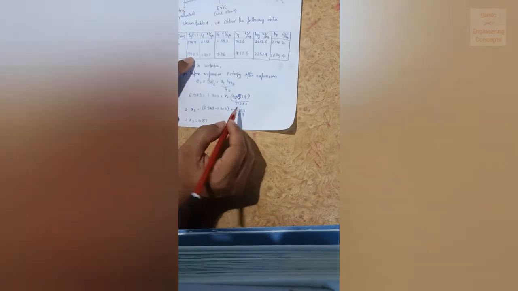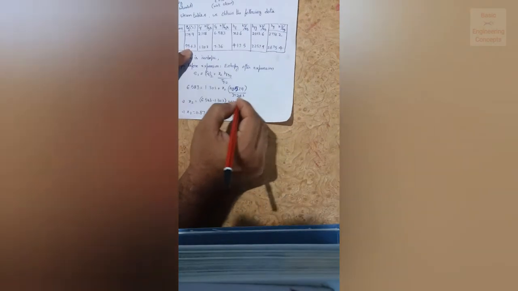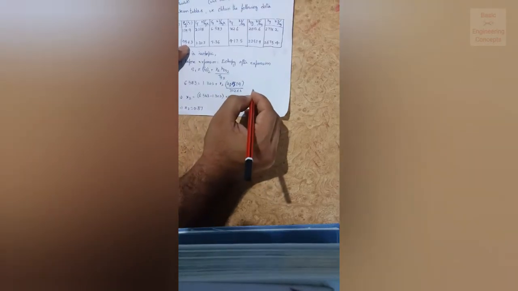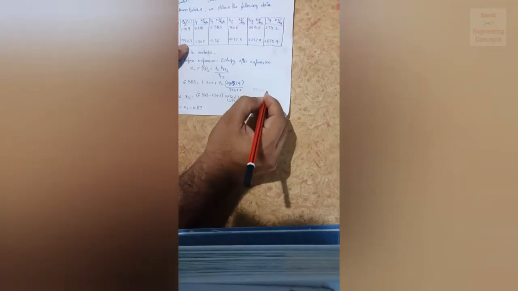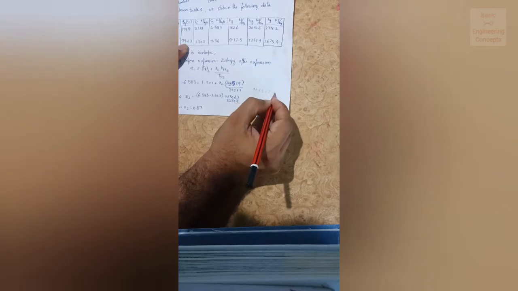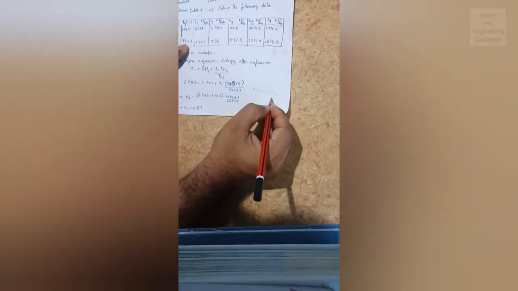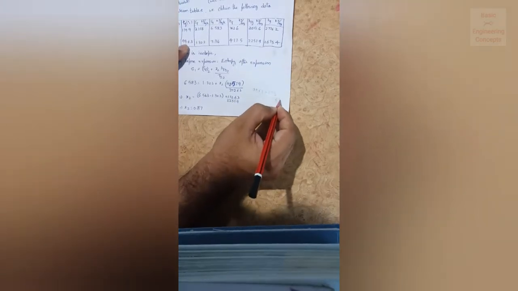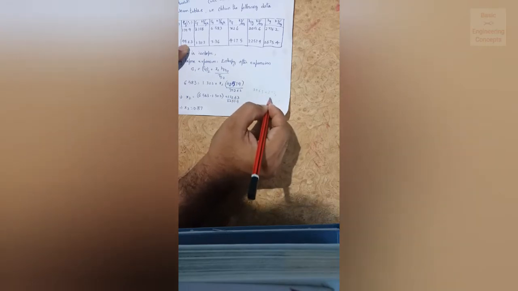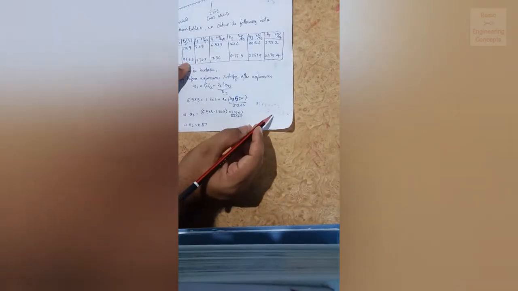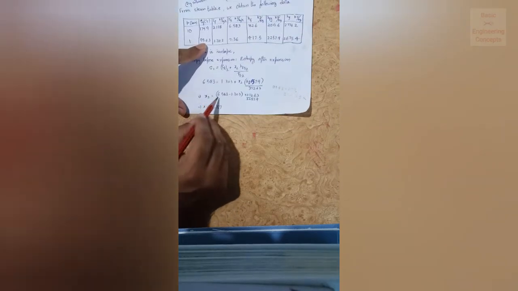Tg2 you have to convert into Kelvin: 99.63 plus 273 gives 372.63 Kelvin. If you solve this, x2 you will get as 0.87.